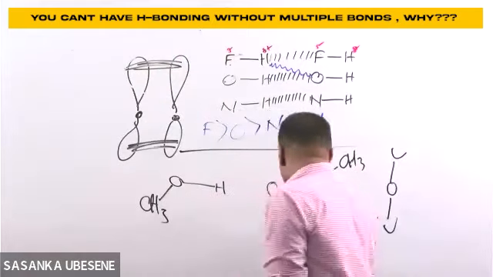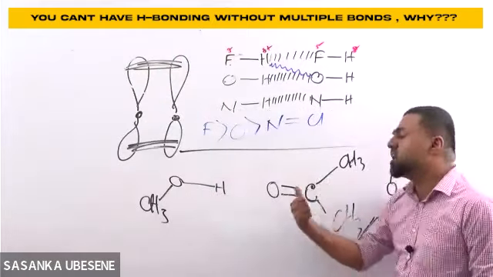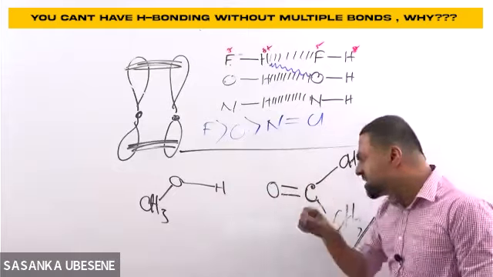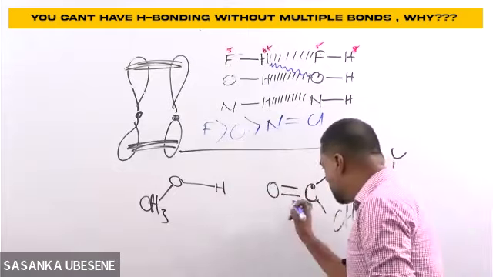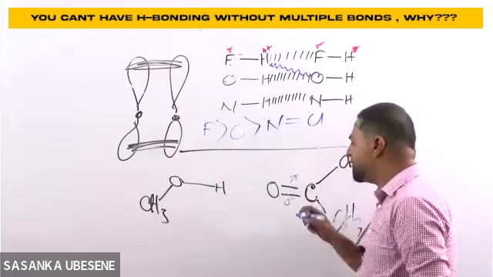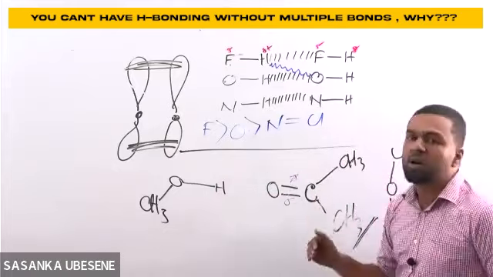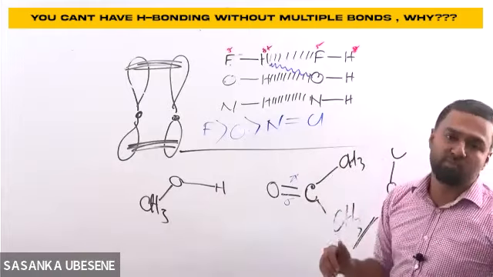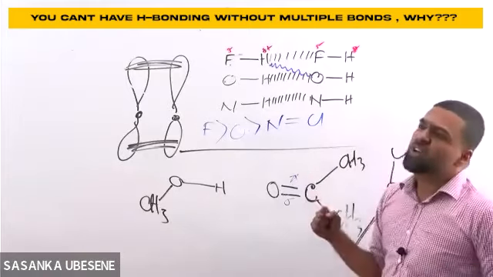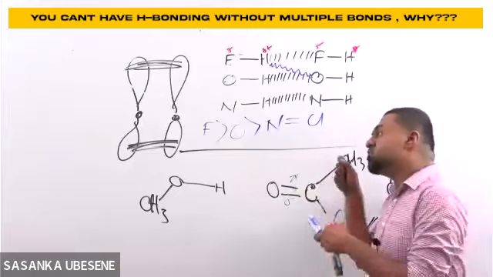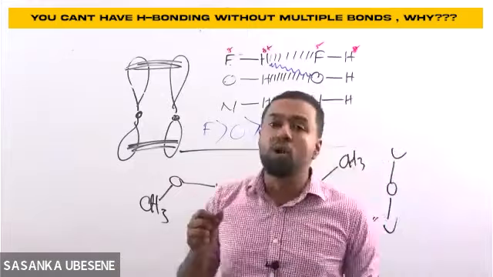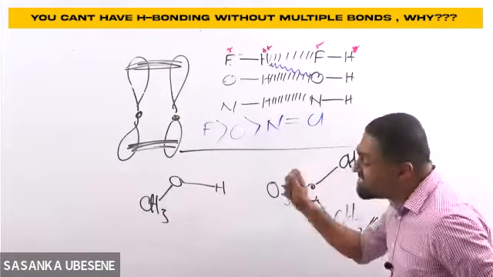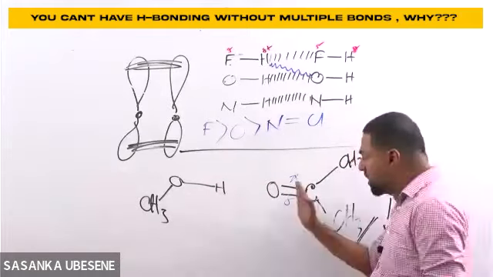So here, between carbon and oxygen, you have a double bond. A double bond means one is a sigma bond and the other one is a pi bond. So you have a multiple bond, which means you have an easily polarizable pi electron cloud.